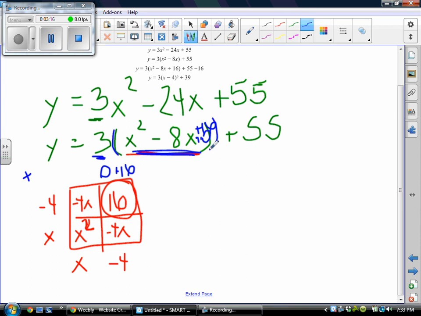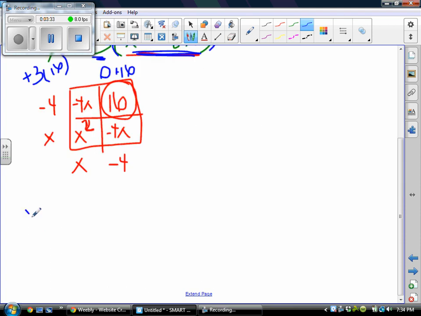So that is what I'm going to do. I'm really going to add 3 times that 16 units. 3 times 16 gives me 48. Okay, so now I'm going to write y equals, instead of 3 times 16, plus 48.